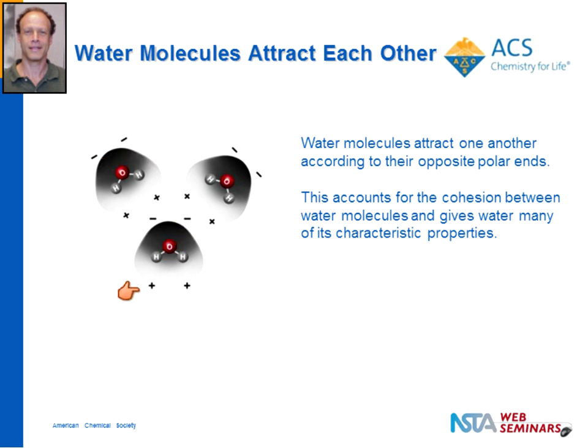It's the point of the whole chapter, really, that the reason why any substance is the state that it is, in this case, the reason why water is a liquid, is that it's a balance between the attractions between its molecules and the motion at a given temperature.